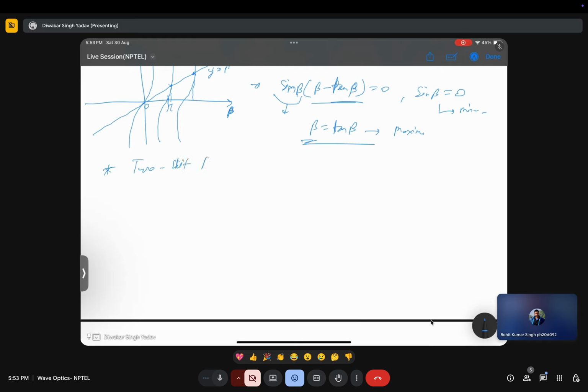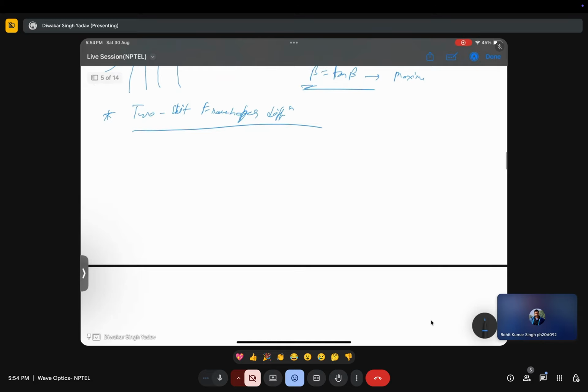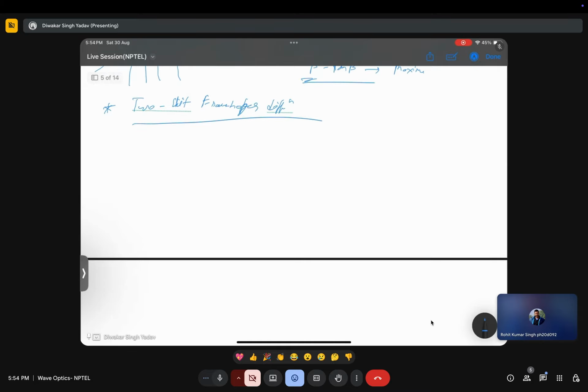Two slit Fraunhofer diffraction. Similarly, like we had single slit, now we have two slit. Now you will ask, what is the difference between interference and two slit Fraunhofer diffraction, right?